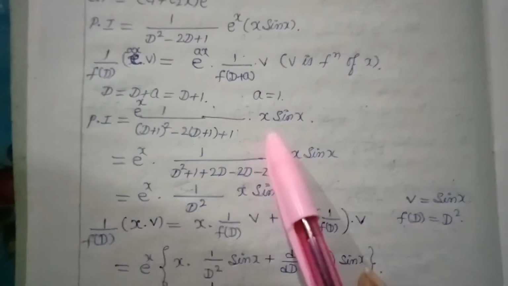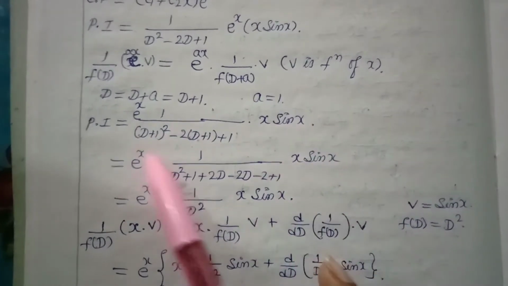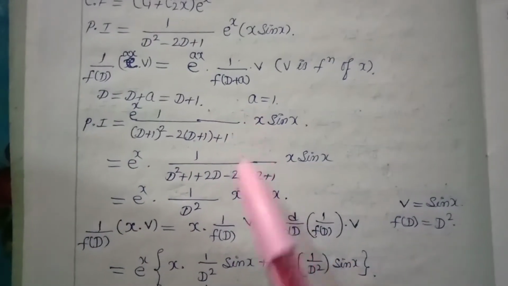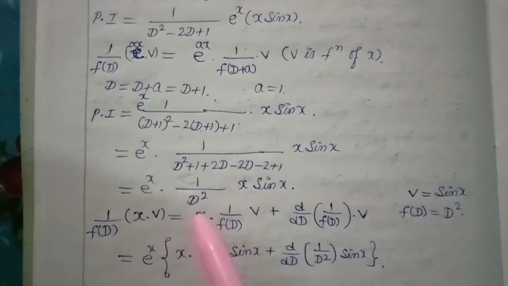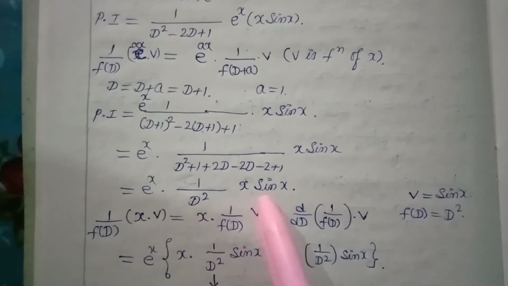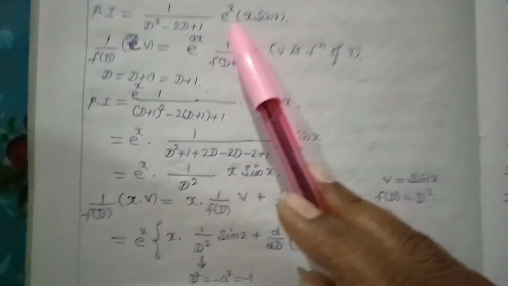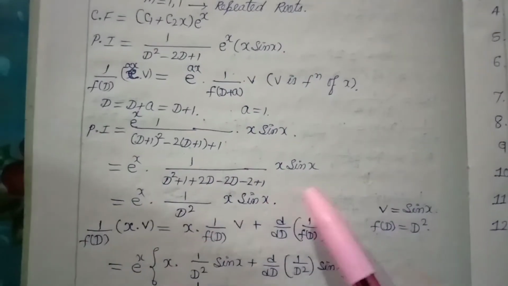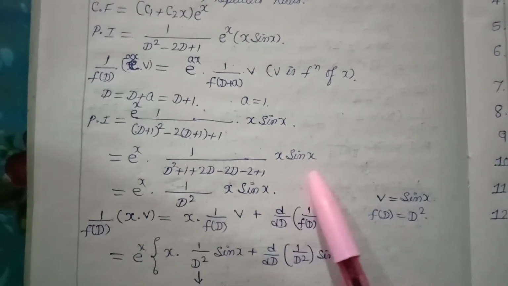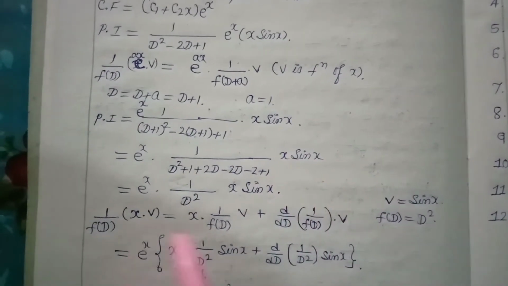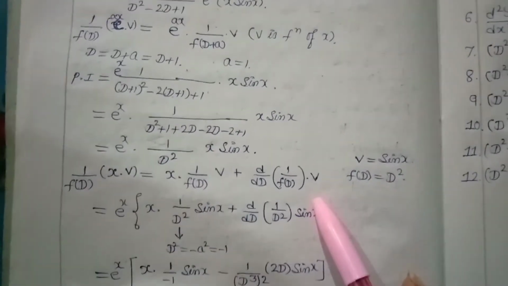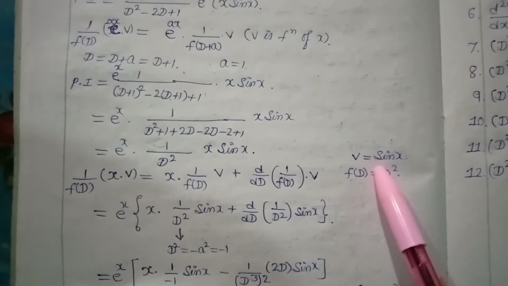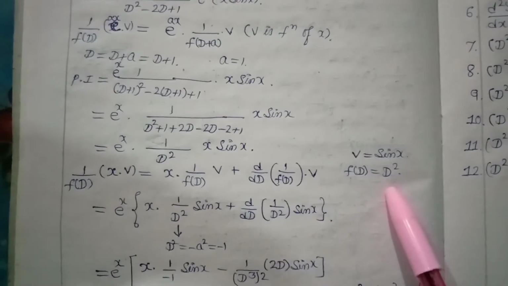Now v from the problem is x into sin x. After using a plus b whole square and simplifying, I'll be getting it as 1 by D square into x sin x. So our e power x sin x problem is reduced to x into sin x, which is of the form x into v. This is the formula which we have recently learned, where v is equal to sin x and f of D value is D square.